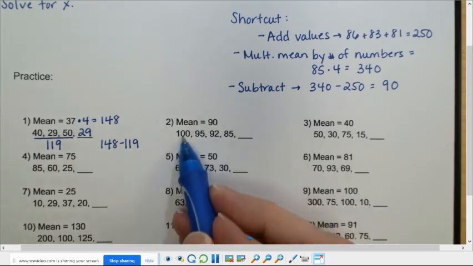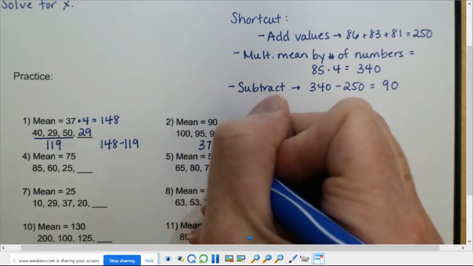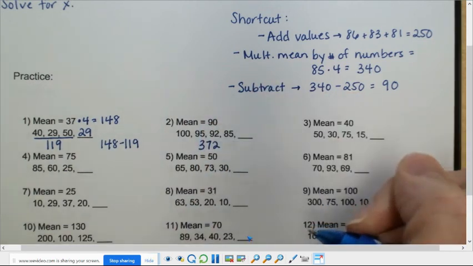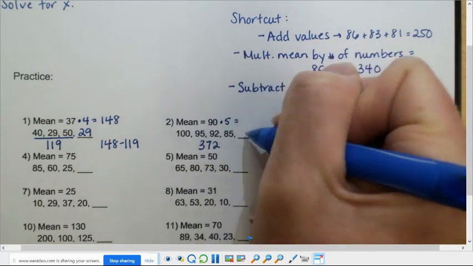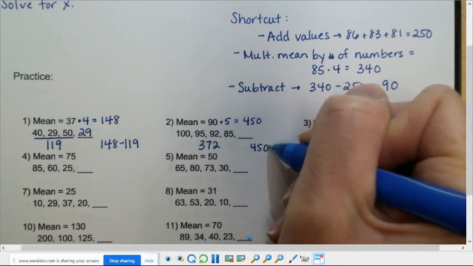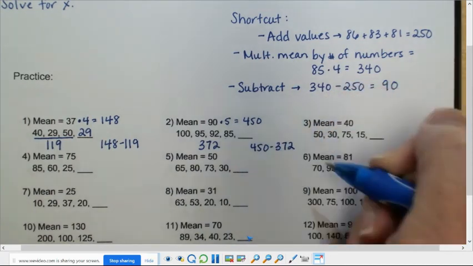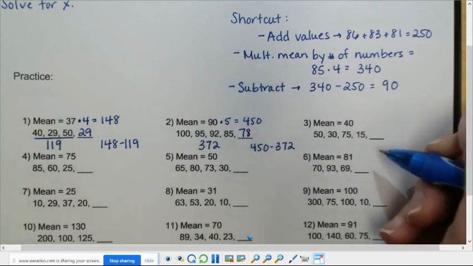When you added these numbers together, you should have gotten 372. I'm multiplying by 5, since there are 5 values, for 450. 450 minus 372 gives me a value of 78.